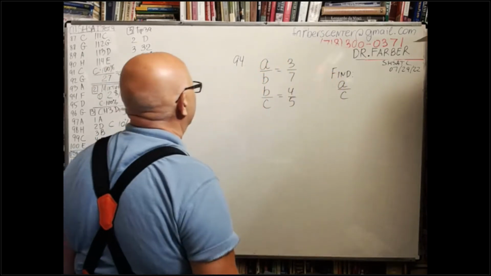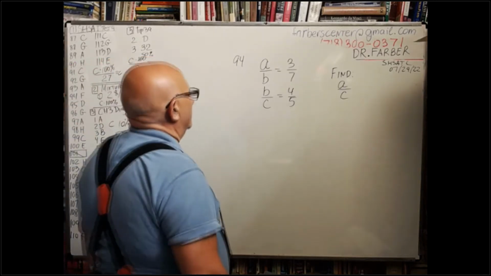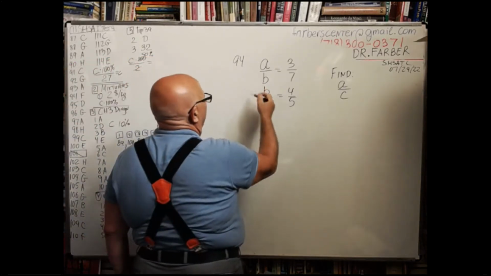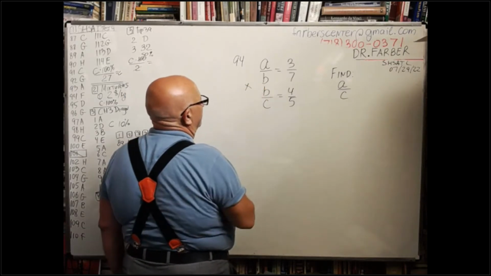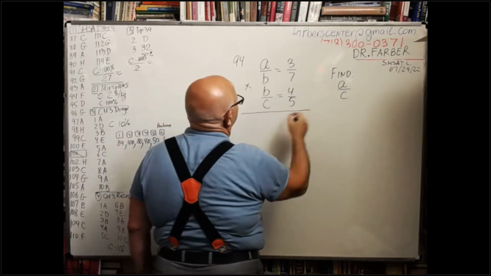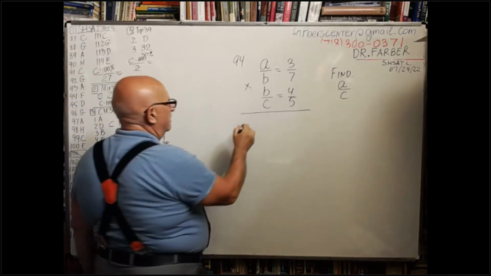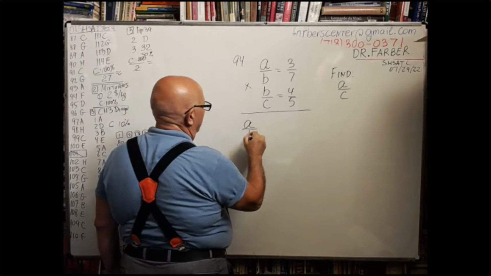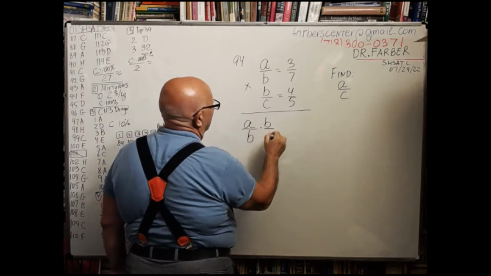Now look at this structure. Just before solving, look at this for a few seconds. If you multiply the left and right parts, what happens? A over B times B over C. This is the left part.